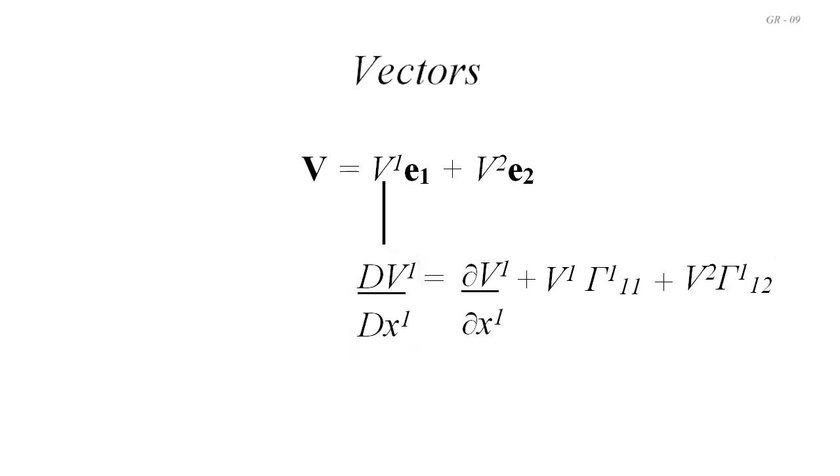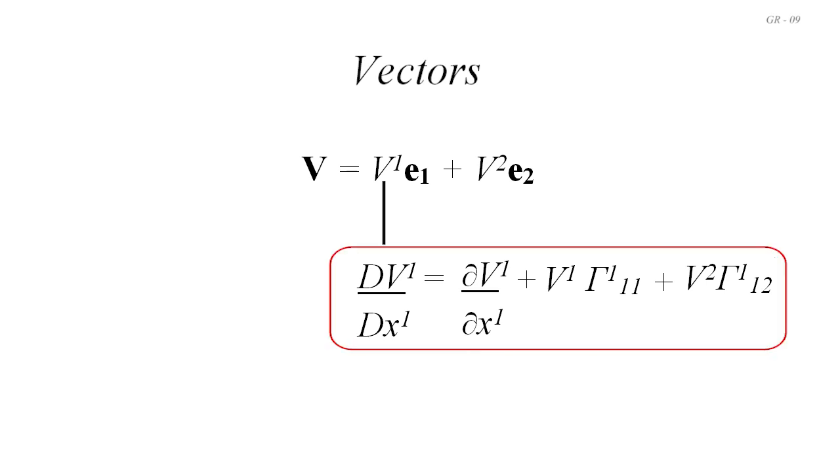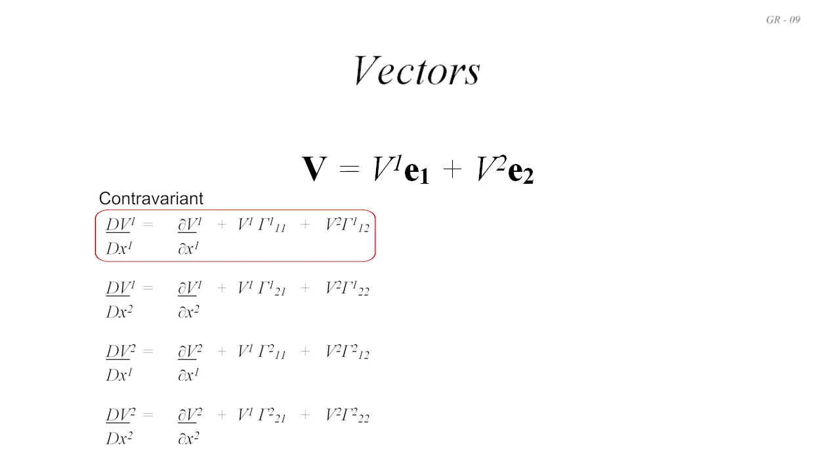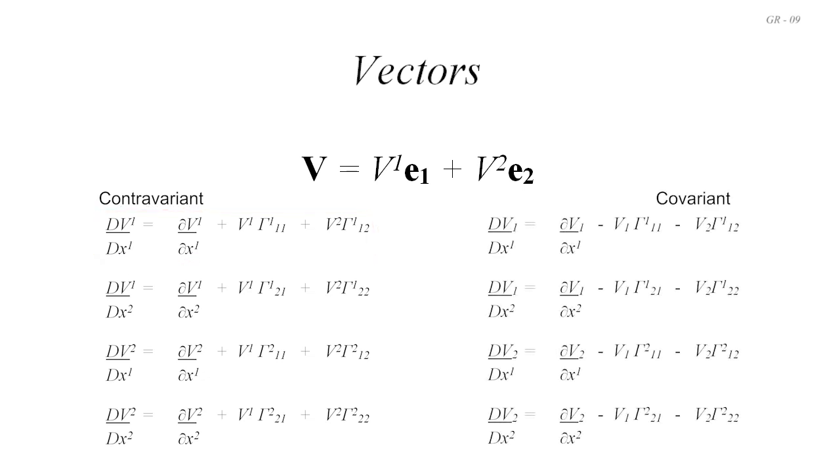You may also recall that in 2 dimensions this is one of 4 equations for the contravariant components of a vector, and that there are another 4 such equations for the covariant components of the same vector, 8 equations altogether.